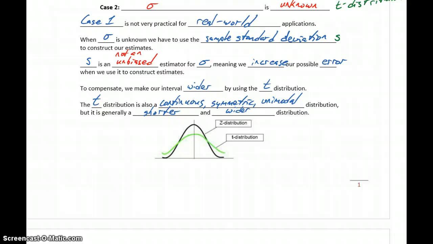So for instance, if we looked at values that were one standard deviation away using the normal distribution, we would end up with intervals from here to here. So this would be at -1 if our mean is 0, and this would be 1 standard deviation away. Since the t-distribution in green here is a little bit lower and wider, that means our values that are 1 standard deviation away will be a little bit farther away.